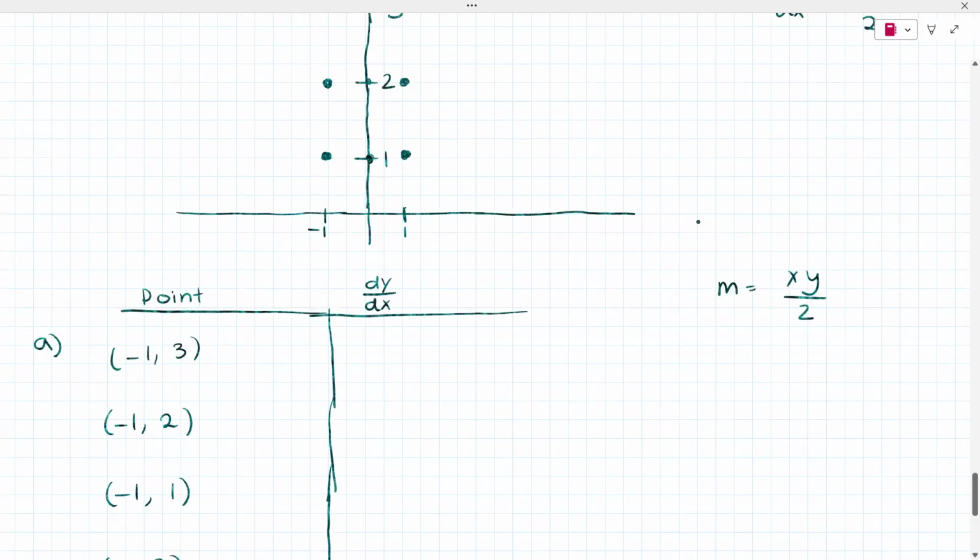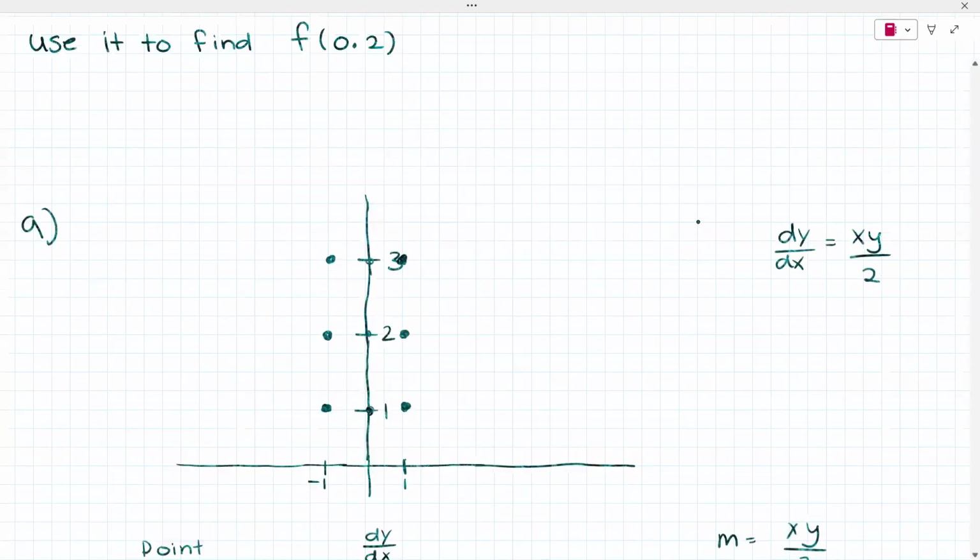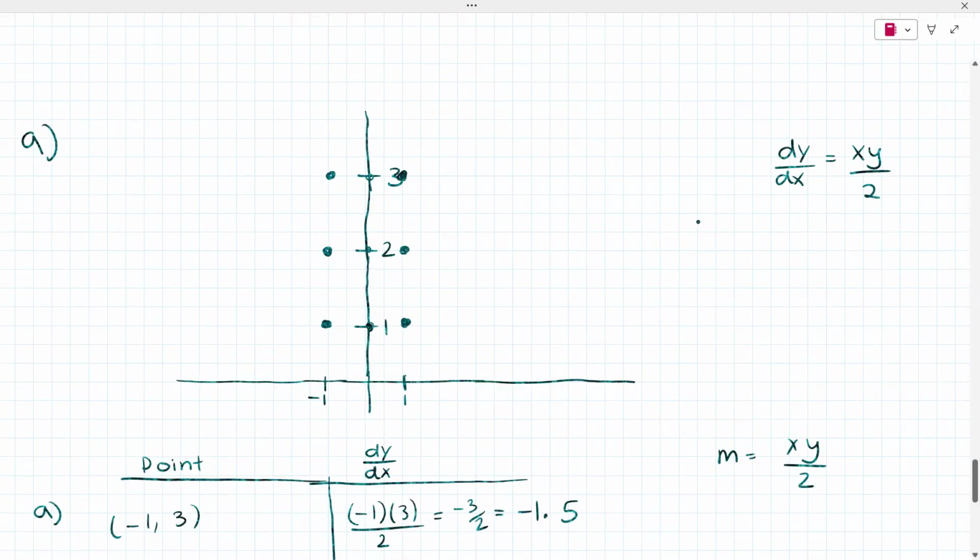My x coordinate is -1, my y coordinate is 3, all over 2. That gives you a slope of -3/2, about -1.5. So at the point -1, 3 the slope is -1.5. It's negative and fairly steep, so it would look something like this.